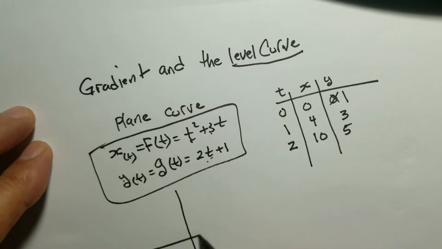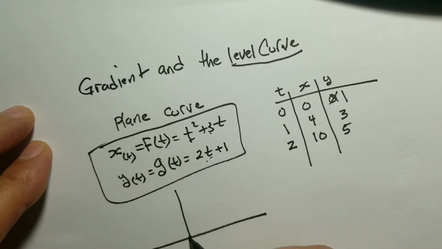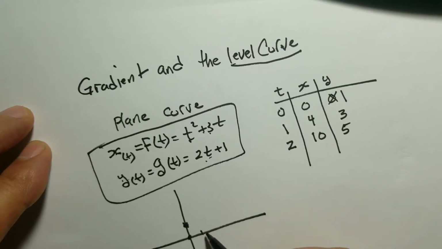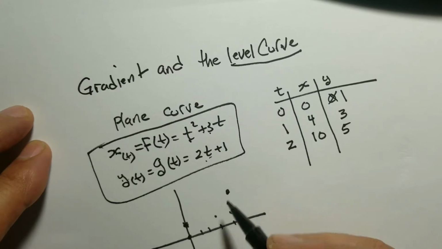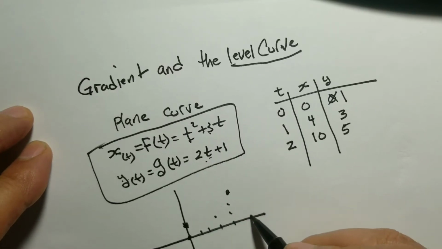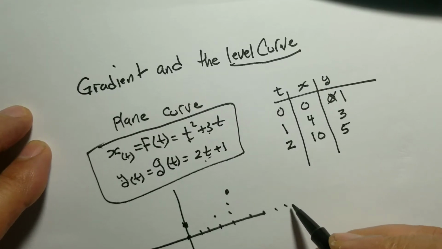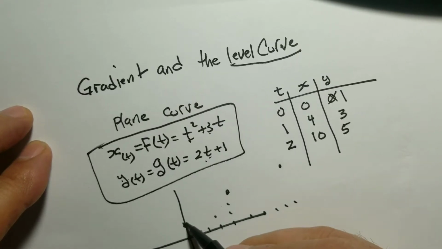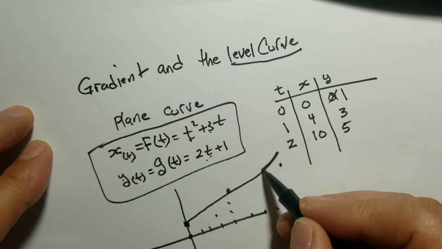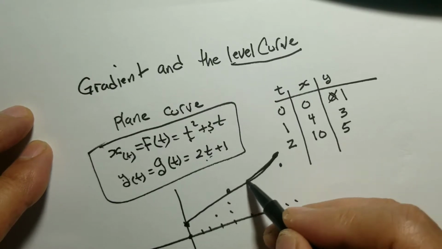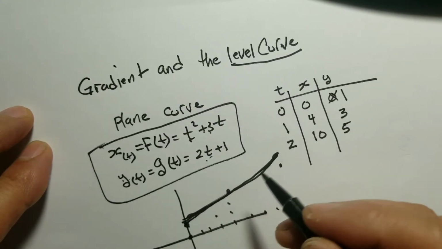If I go to my xy plane, when x is 0, y is 1. When x is 4, y is 3. When x is 10, y is 5. Maybe it gives me a curve like that.